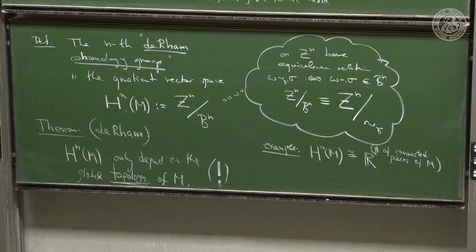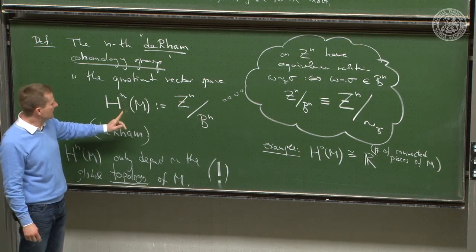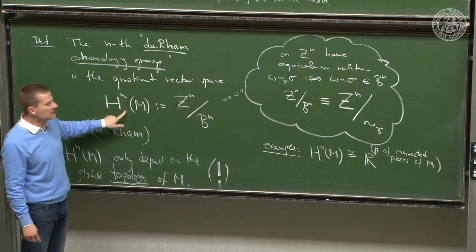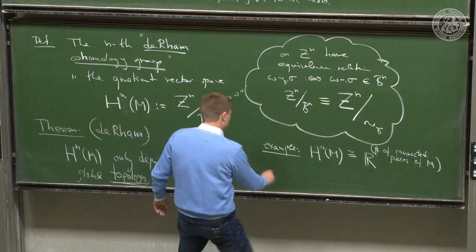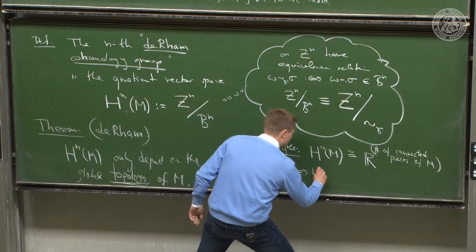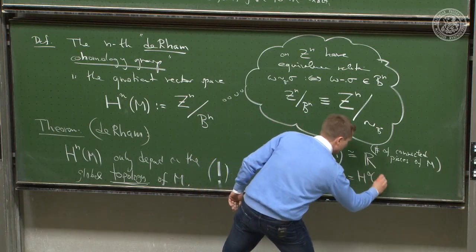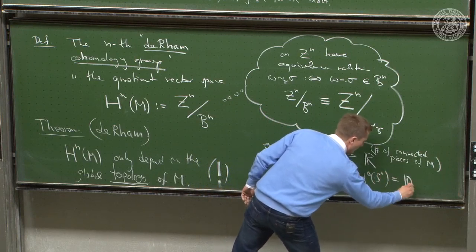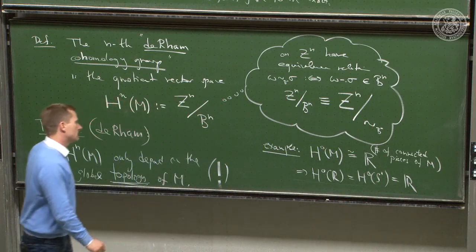Okay. If you want to calculate higher cohomology groups, which is very interesting, the practical calculation, even in the simplest cases like for R. So, first of all, from here it follows immediately that H^0 of the real line is the same as H^0 of the circle. This is all R because this is connected and this is connected, has only one connected piece.